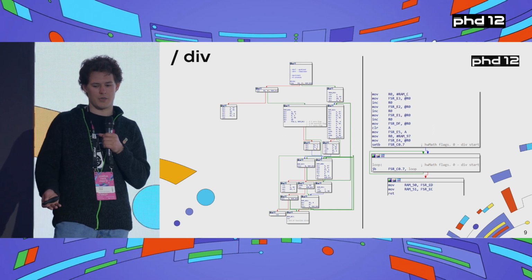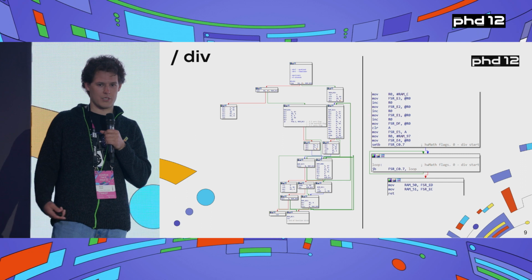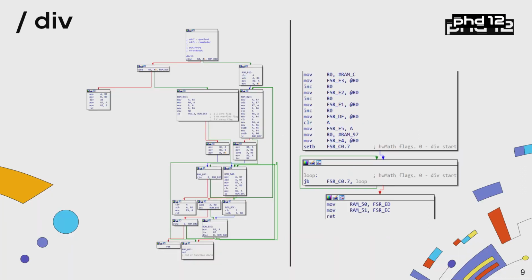So this is an IDE screenshot. What do they have in common? The parts on the left and the right are both division functions, and they both pertain to the 8051 microcontroller. You will notice that it's an 8-bit architecture, which is not very common now, though this particular architecture is relatively popular.